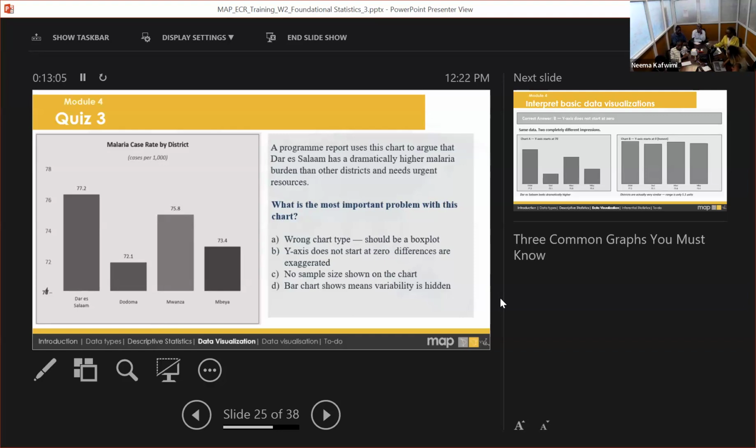Annabelle says the bar chart shows means, variability is hidden. Thanks, Annabelle. Someone else? A different answer?